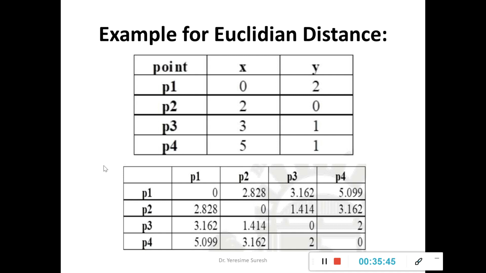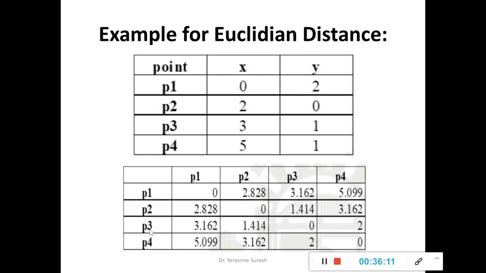So 0 minus 2 whole square plus y1 minus y2, that means 2 minus 0 whole square. So 0 minus 2 is minus 2, its square is 4, again 2 minus 0 is 2, 2 square is 4, so 4 plus 4 is 8, square root of 8, which is 2.828.